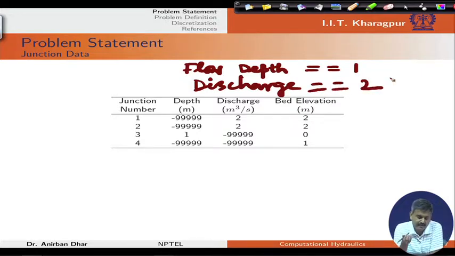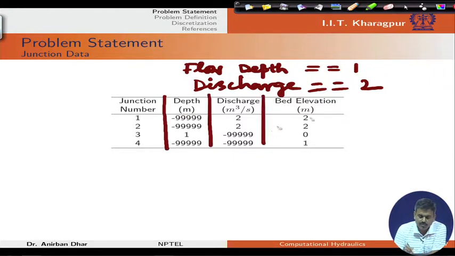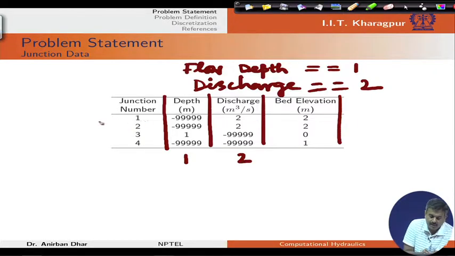Now, with this, if I see column 2 and column 3, column 2 is for depth and column 3 is for discharge. Now, for a particular junction, this is junction number 1. Junction number 1 is an inflow junction or a specified discharge condition. So, if there is a specified discharge condition, we will write it as 2.